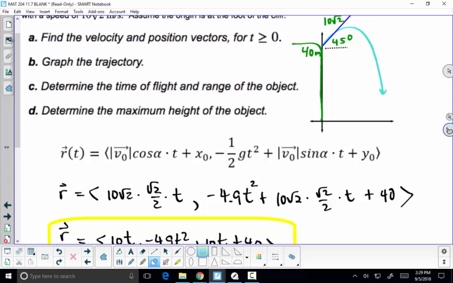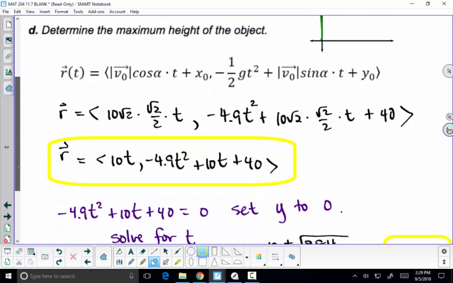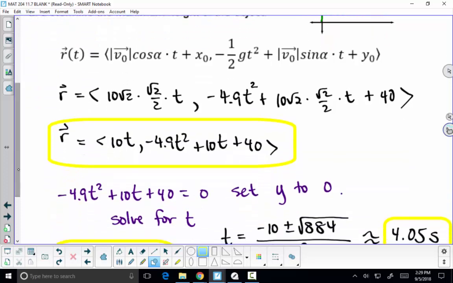So we take the derivative of this y component, set it to 0, get t, and that will be the t value that corresponds to the max height. And then we plug it back into the y coordinate. Yeah, good. Precisely.